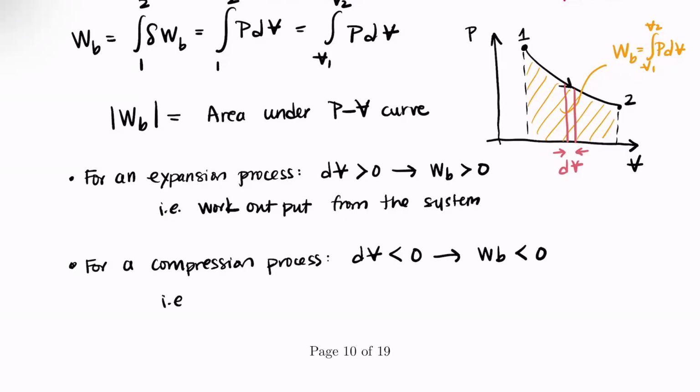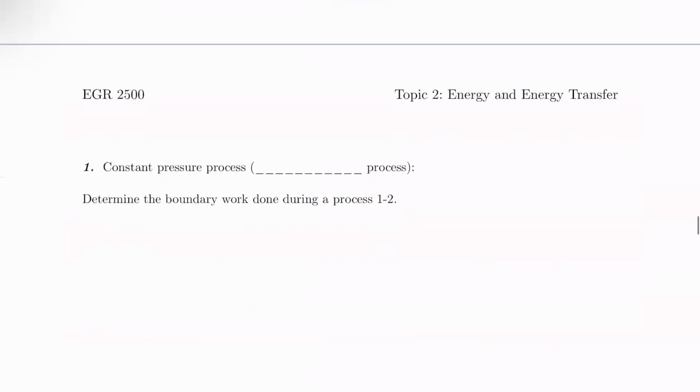So this means that work is input. Hopefully that's intuitive. If you want to compress something, you need to apply work to that system to do that. And if it's expanding, your work is output, or put on the system around it. Are there any questions on this?